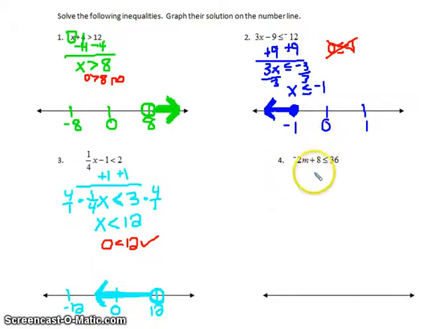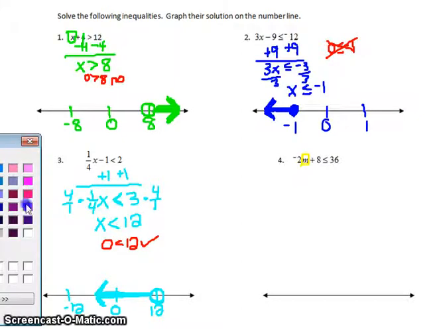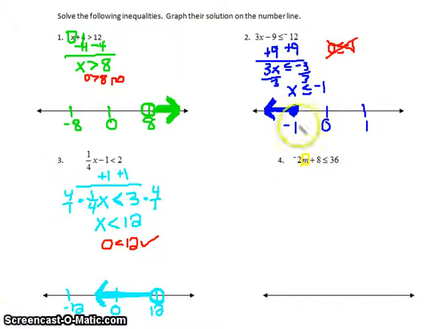Number 4, trying to isolate our m, trying to get the m all by itself. The first thing we're going to do is choose purple and subtract 8.